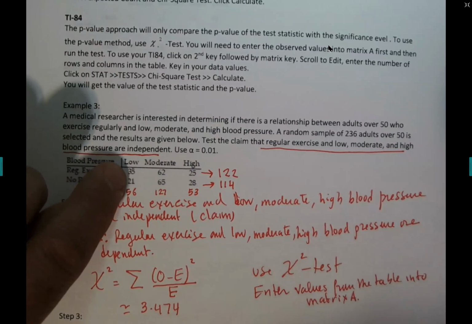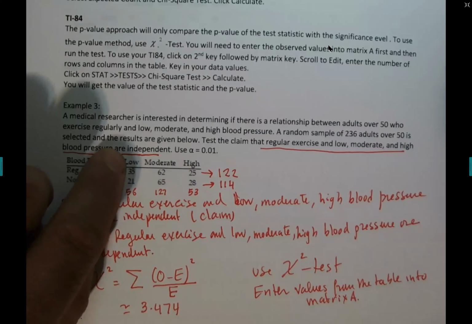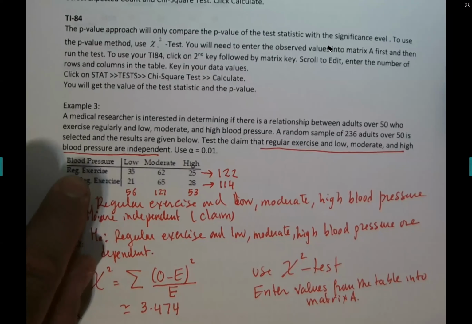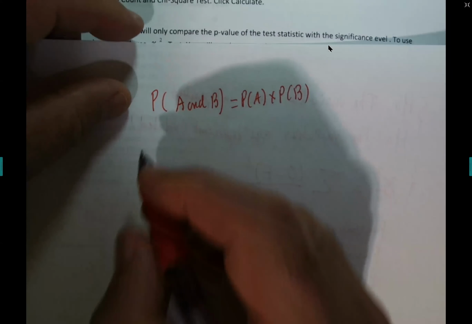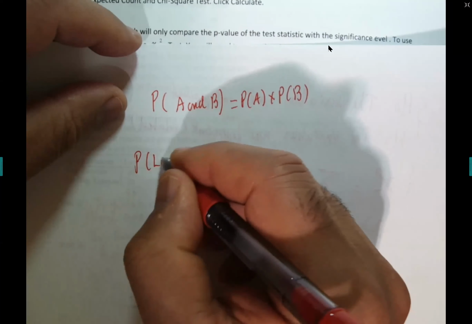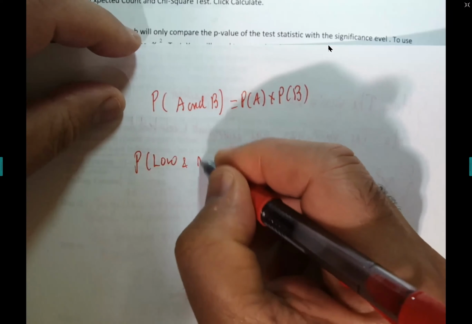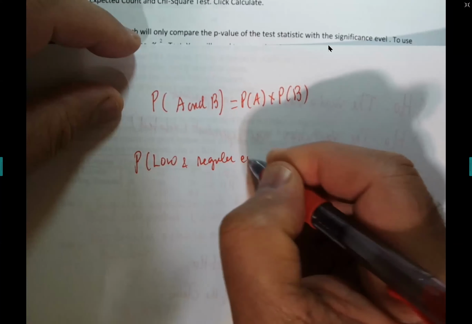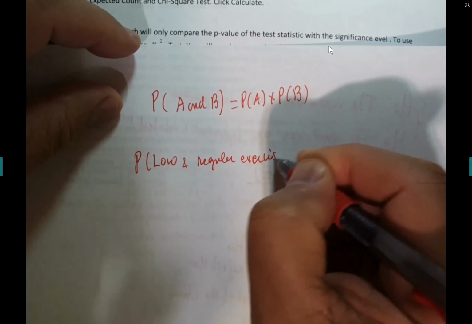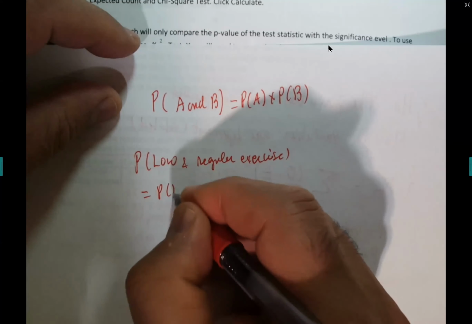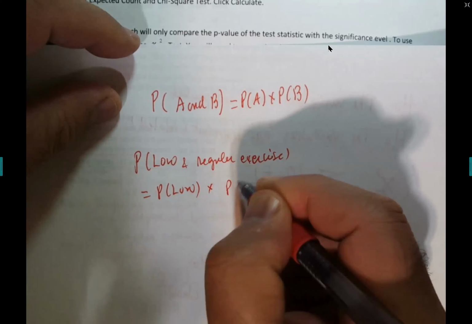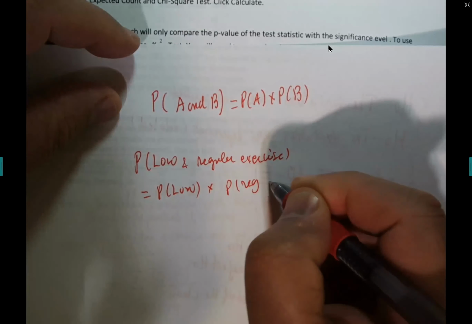If I look at the value 35, this is for low blood pressure and regular exercise. So if I am to find the probability of low and regular exercise, assuming that the events are independent, it will be the probability of low blood pressure times the probability of regular exercise.